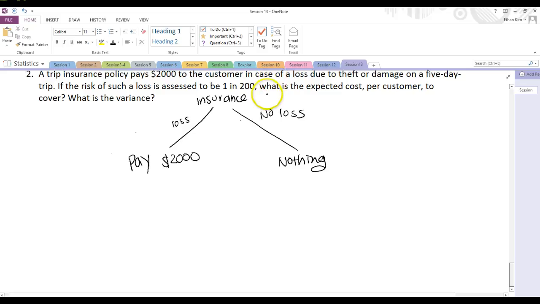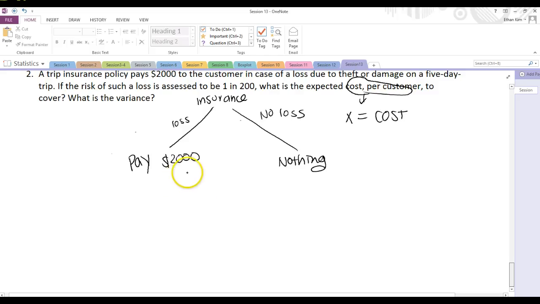So it says, what is expected cost per customer? So here, x, or the random variable, is the cost. And we have to figure this out in a way that suits the question the best. And in this case, it simply said expected cost. So x represents the cost, right?